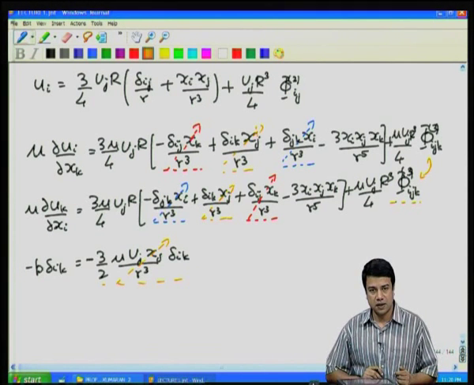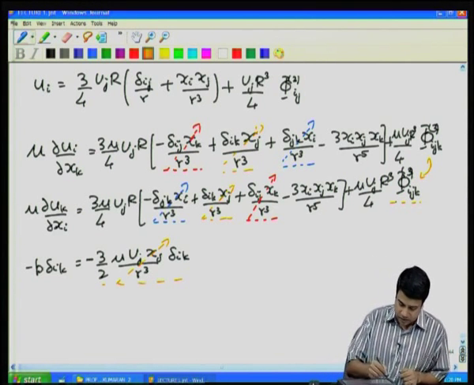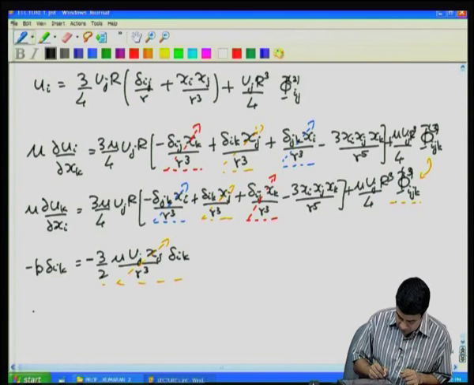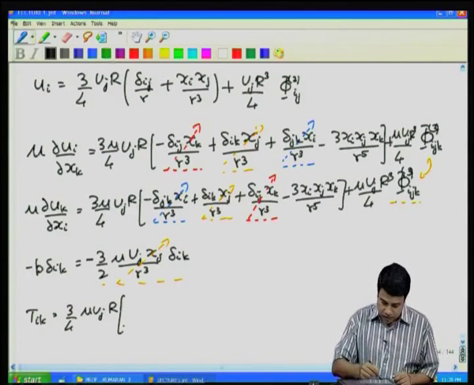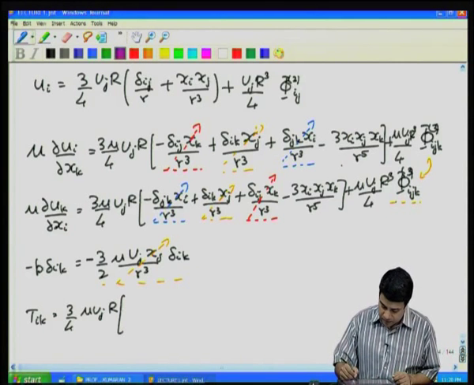And I will be left with an expression for the stress tensor as T i k is equal to 3 by 4 mu u j r. I only have these terms remaining.